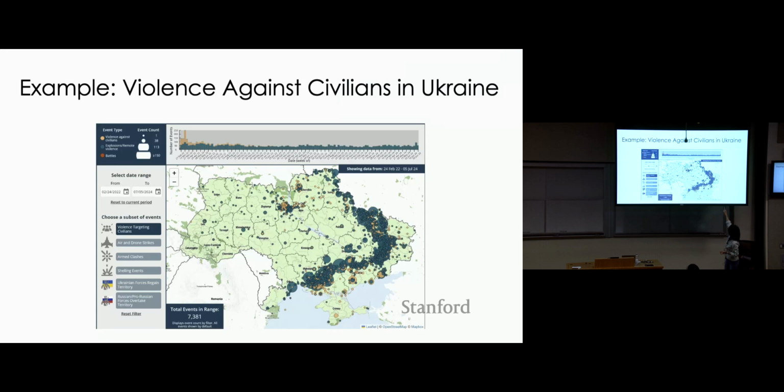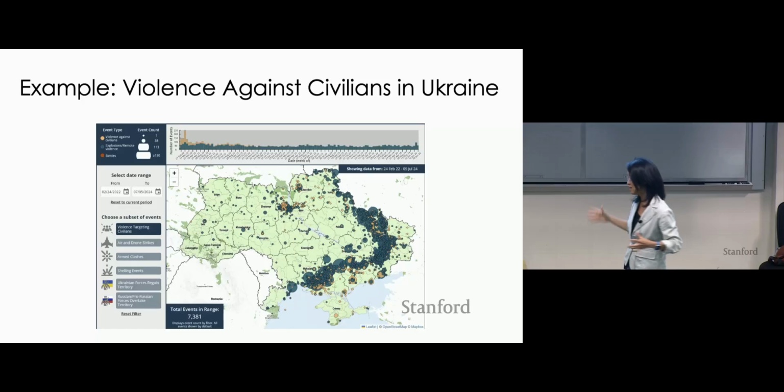But now, when they put the dots with different sizes on this graph, you notice a lot more, right? You know which region is being attacked, and there are a lot of civilian attacks. Total events is 7,381 just on that square. That's that particular button there.